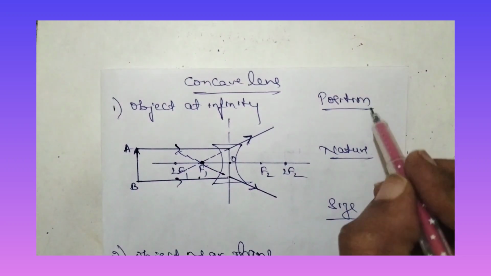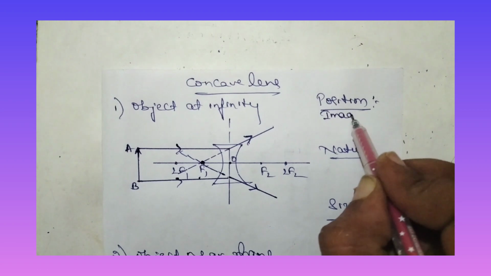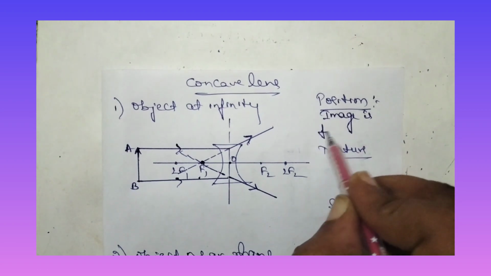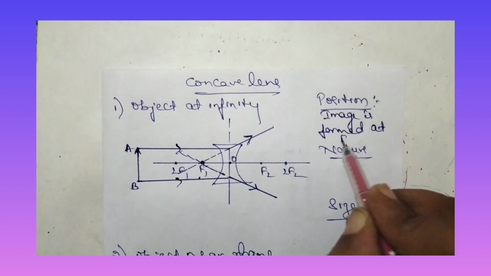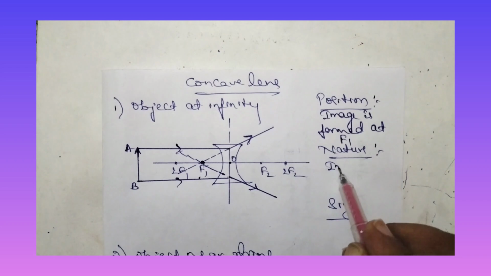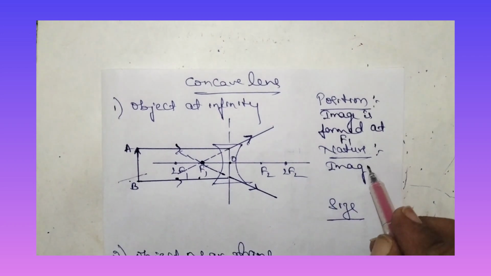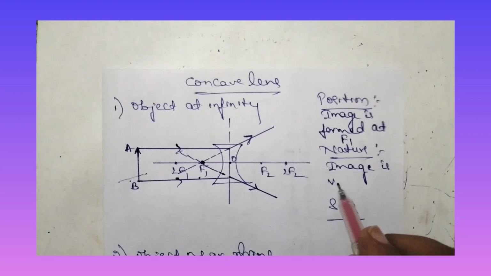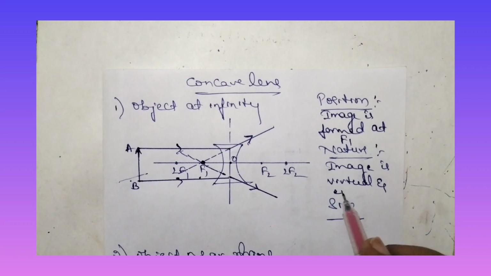Therefore, when the object is kept at infinity, the image is formed. Where is the image formed? The image is formed at F1. Since object and image both lie on the same side, the image is virtual and erect.